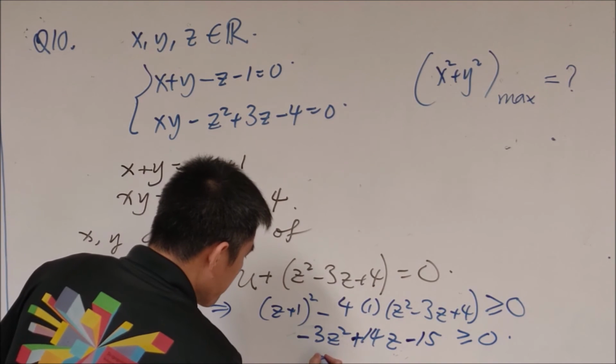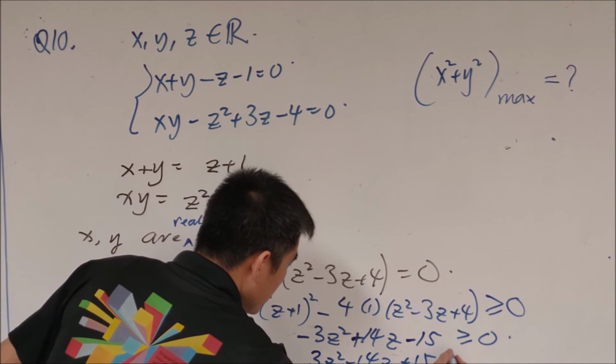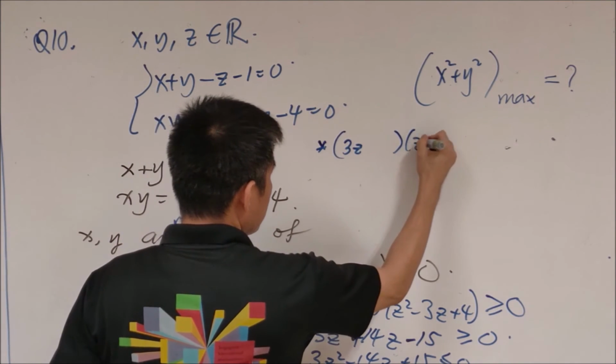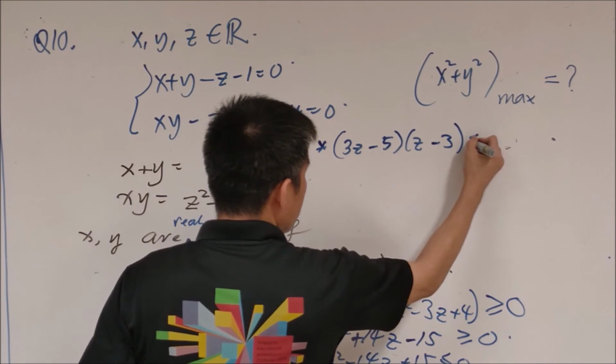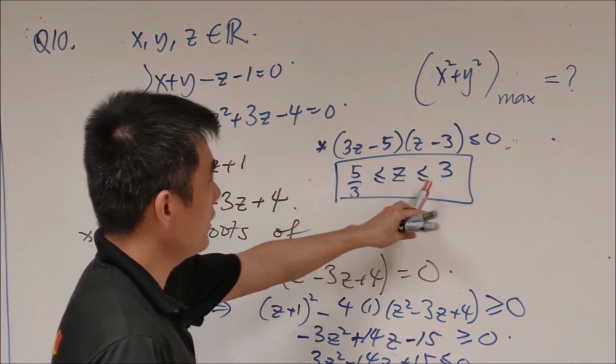This will give me 3z squared minus 14z plus 15 less than or equal to 0. That is (3z minus 5)(z minus 3) less than or equal to 0. z is in between 5 over 3 and 3.